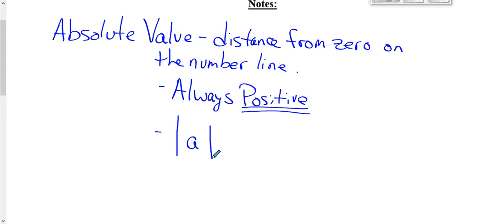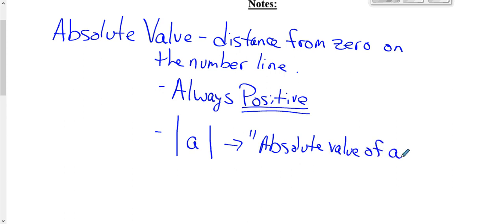A just represents any number you want to put in, okay?